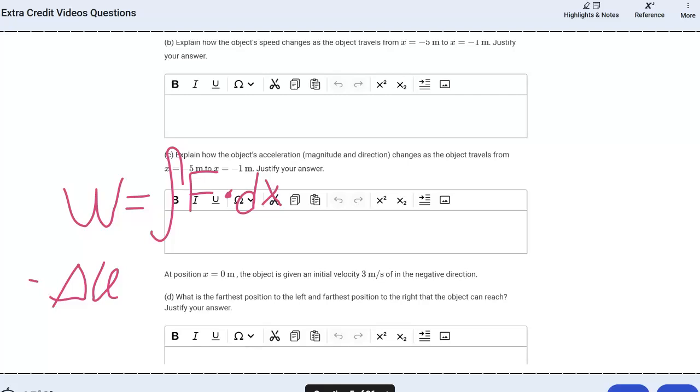And it's going to be a negative change in U. That negative shows that the object travels where potential energy is decreasing.